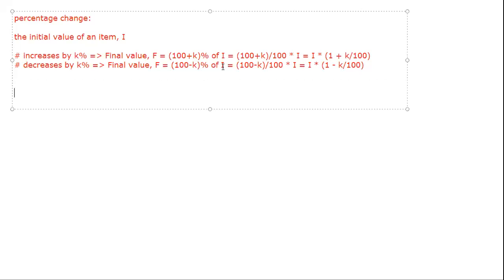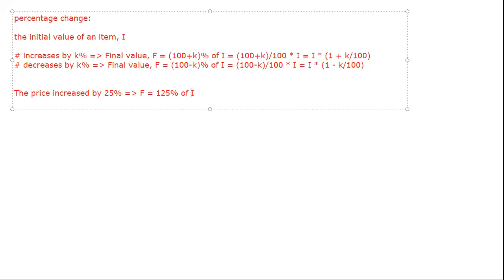Okay. Now, let's take a calculation for this. Say I tell you that the price of some item increased by 25%. There are two ways in which you can write this down. One is you can say the final value is 125% of the initial.